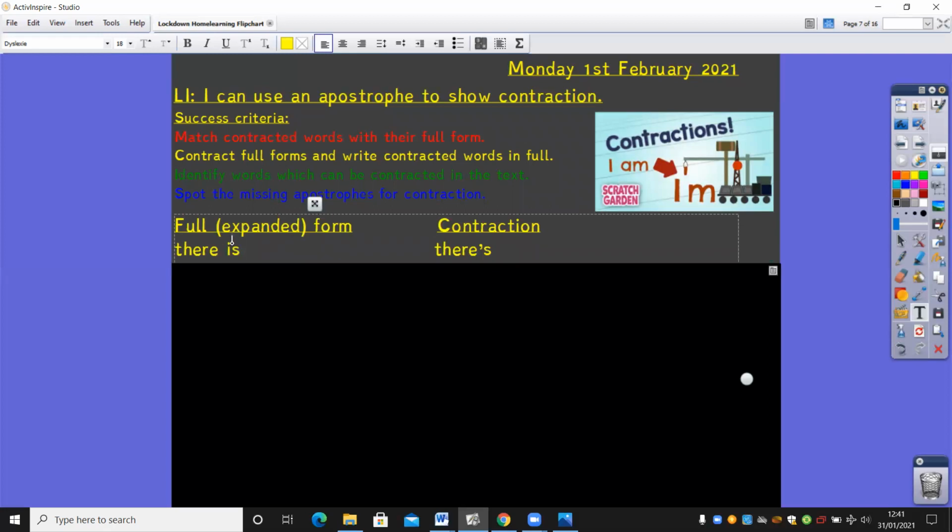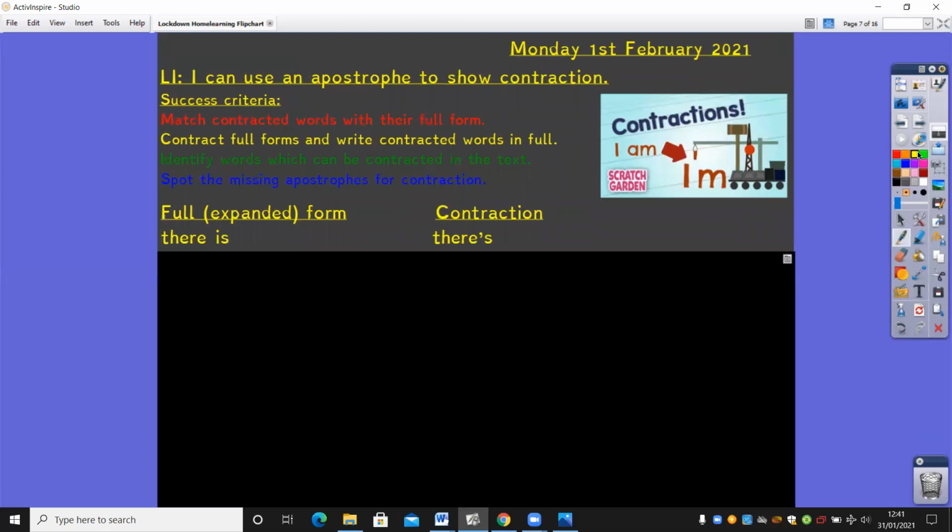That's right, the letter I. Let me just cross it out for you. The letter I gets squashed out completely, children. And the two words get squashed together, contracted together. And instead of the letter I, we have the apostrophe between E and S.